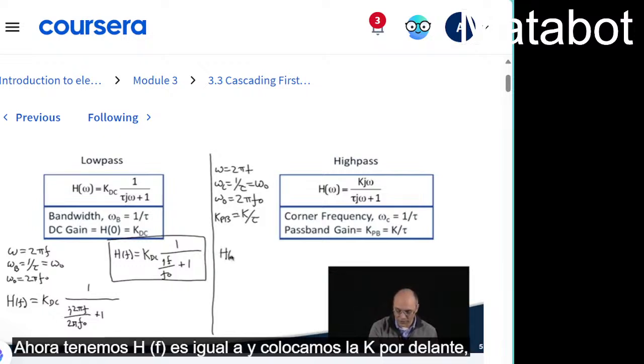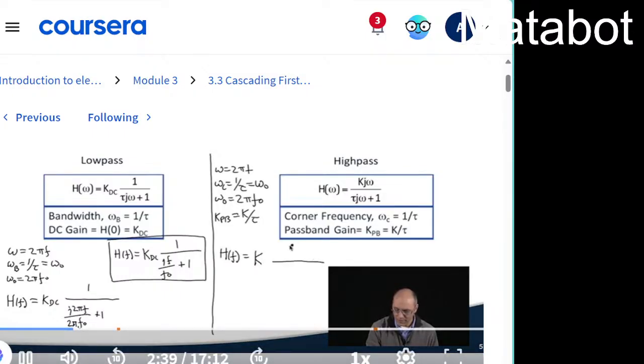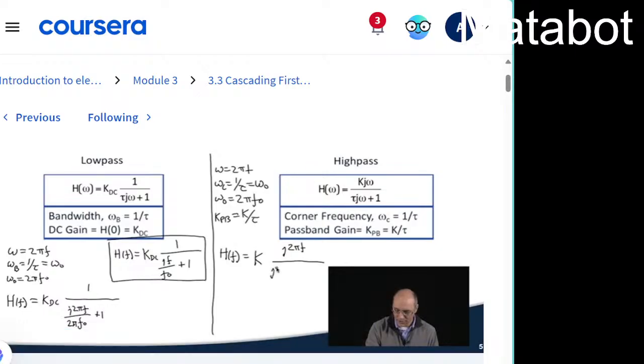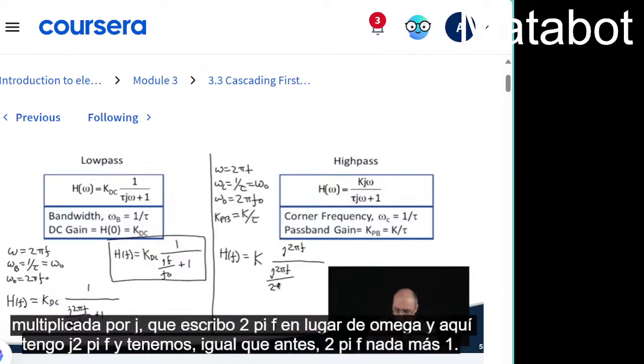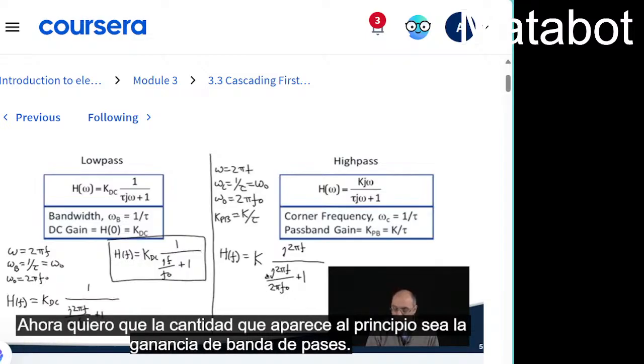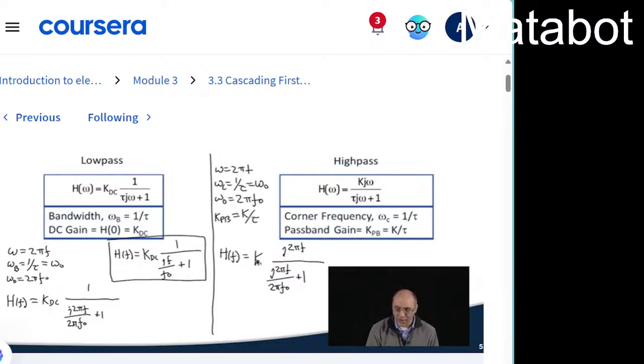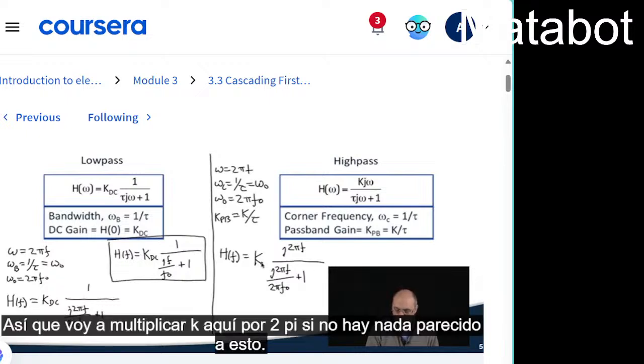We now have H of f is equal to, let me bring the K out front, times j, but I write 2 pi f instead of omega, and here I have j 2 pi f, and we have, just like before, a 2 pi f naught here plus 1. Now I want the quantity sitting out front here to be the passband gain. So I am going to multiply K here by 2 pi f naught, like this.